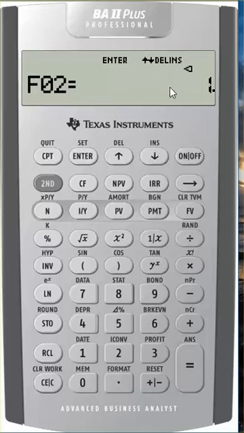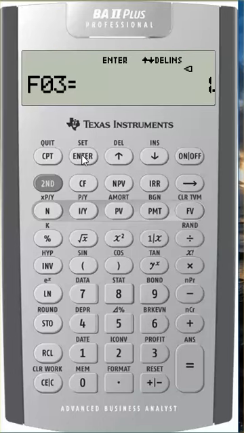Scroll down, and we receive that one time in the second year. Scroll down, and it's asking for the third cash inflow, which is $4,000, and we enter that. Scroll down, and we receive that one time at the end of the third year. Enter.